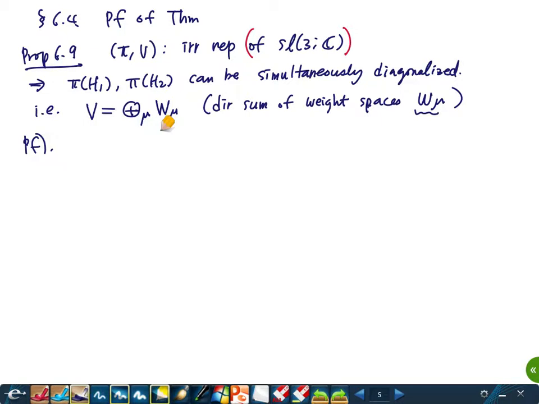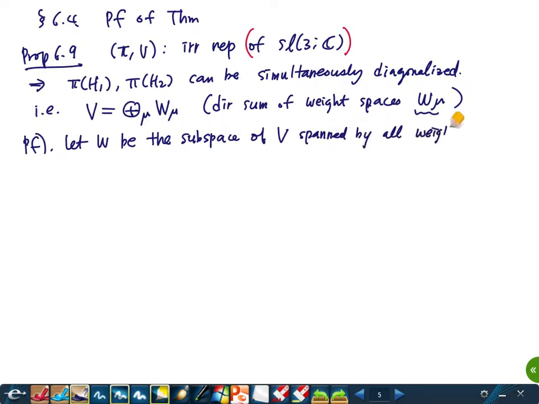So first, let W be the subspace of V in our representation, spanned by all the weight vectors. First we will show that the weight vectors span the whole space, and then we will show that it is a direct sum.